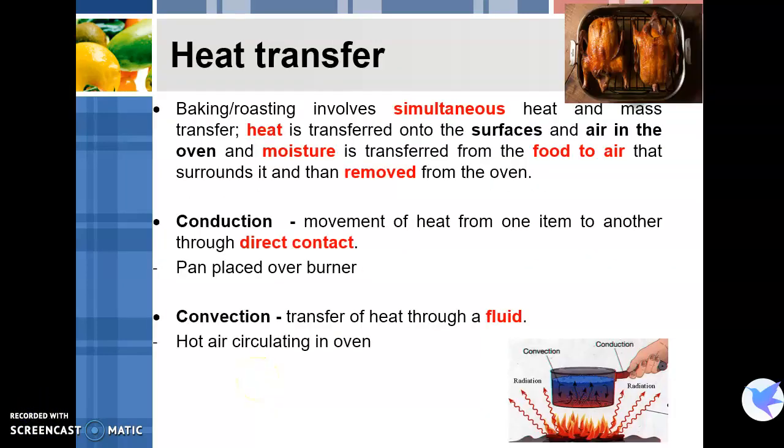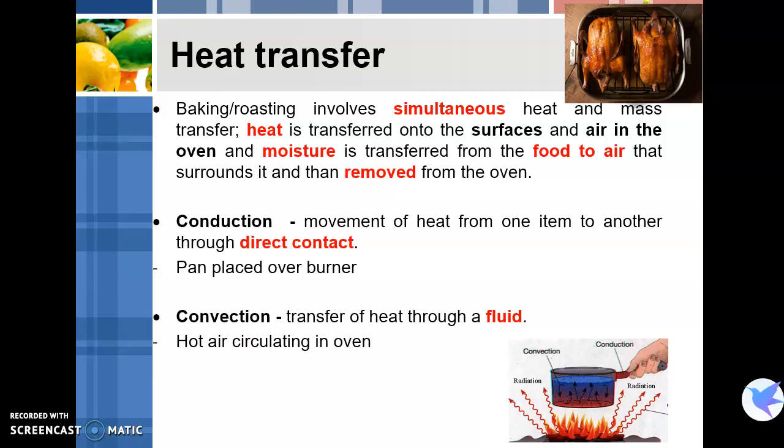Baking and roasting involve simultaneous heat and mass transfer. Heat is transferred onto the surface and air in the oven. At the same time, moisture is transferred from the food to the air that surrounds it and then removed from the oven.